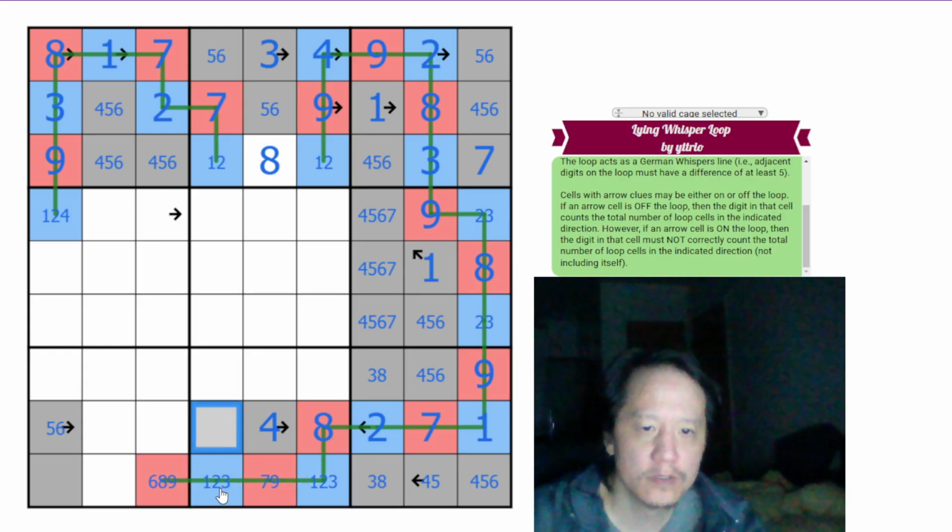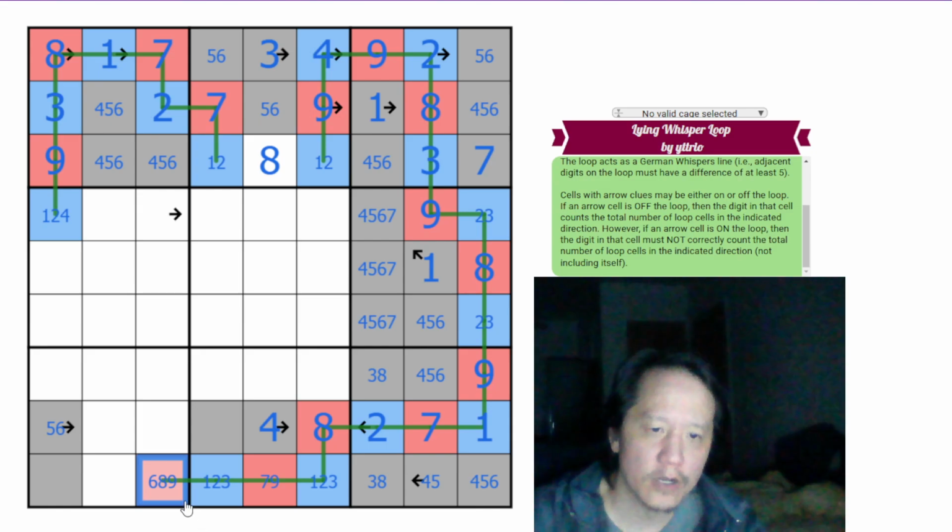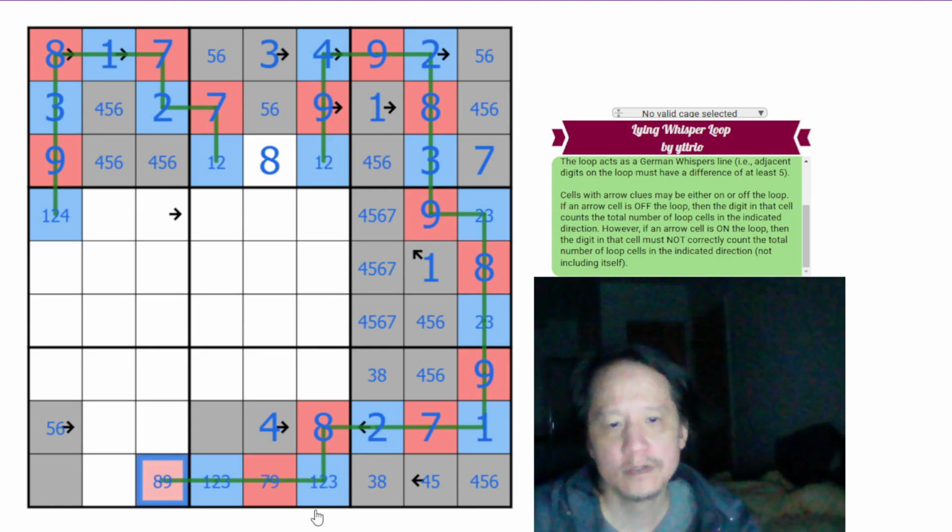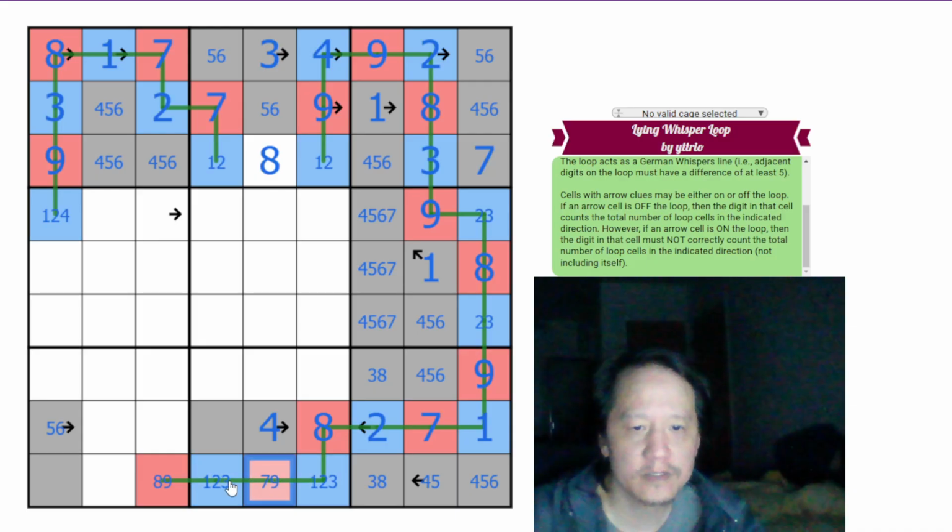So it could go here, in which case that's a 3. And this would have to be 8 or 9. Oh, so this can't be 6 either. Because, yeah.